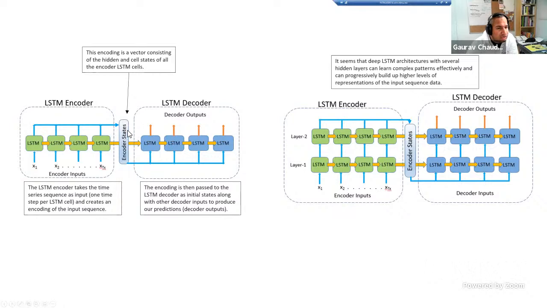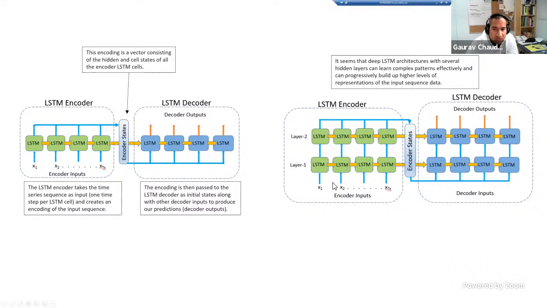This encoding goes into another layer called the encoder layer, and this just makes a vector consisting of all the hidden states and the cell states of all previous LSTM cells. This encoding goes in as the input for the decoder LSTMs, and then the output comes from the other side.